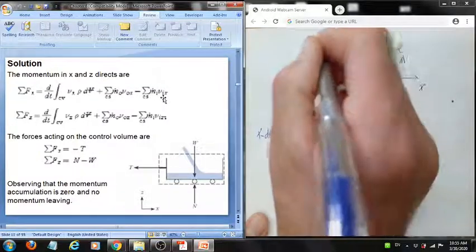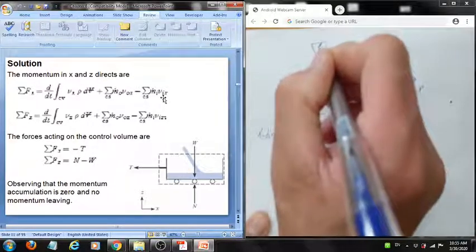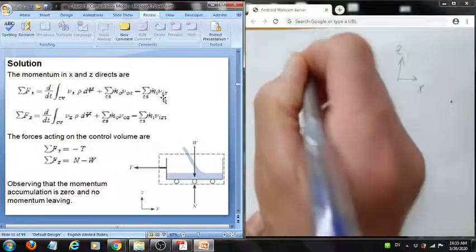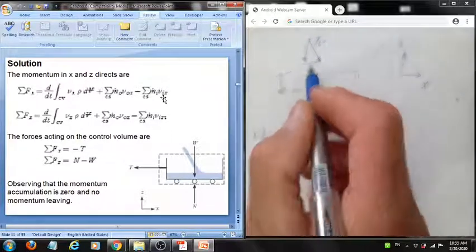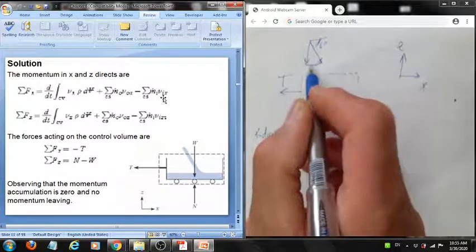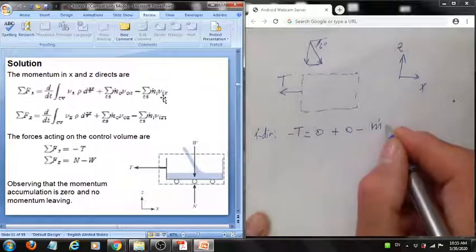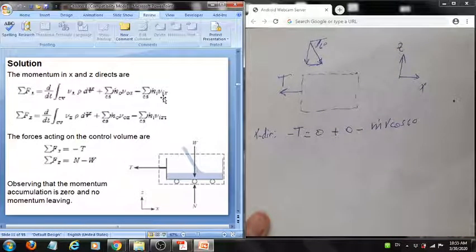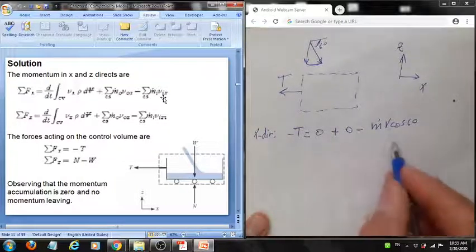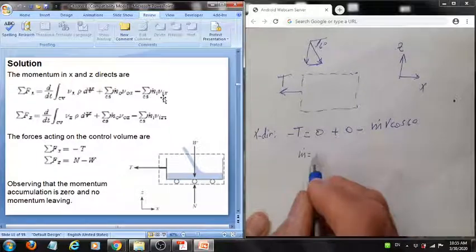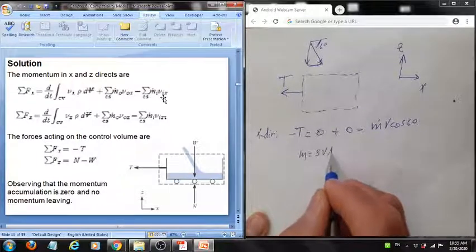We have to take it in the x direction, so we have to decompose this velocity into 2 directions, one in the z and the other in the x direction. This component is V cosine 60. Now when we compute the m dot, we have to recognize this is rho V A.